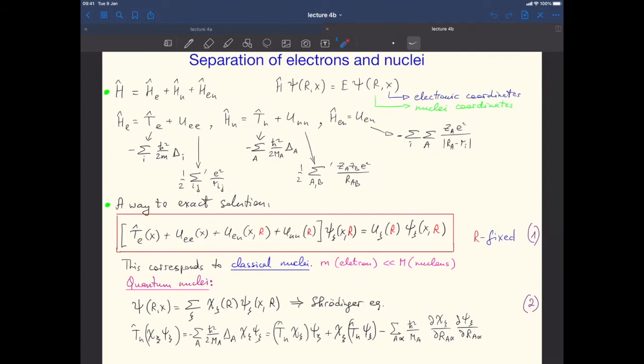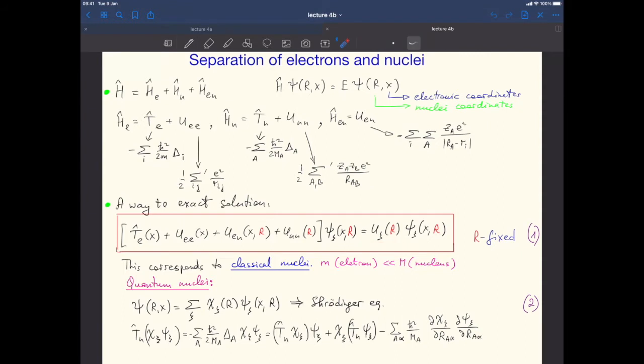So this may be considered as an electron-only Schrödinger equation, because the nuclear coordinate R comes in as a parameter. It's fixed. And of course, we expect from the Schrödinger equation that there will be many solutions, all characterized by this index zeta. And the eigenvalues U_zeta(R) would be functions of the nuclear positions.